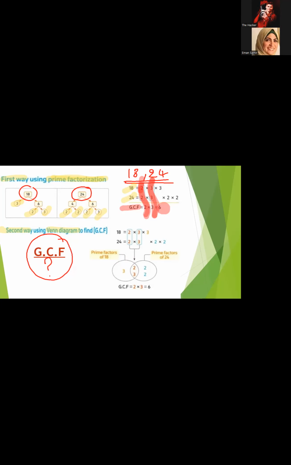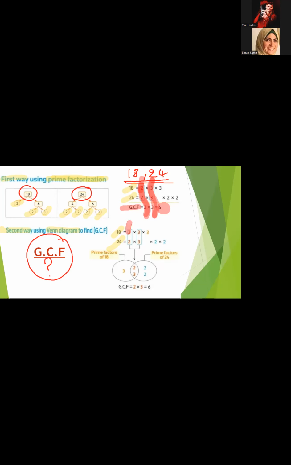By doing this, first I'll factorize 18 into its prime numbers, which are 2, 3, and 3. And I'll factorize 24 into its prime numbers, which are 2, 3, 2, and 2. After that, I'll draw these two circles. I look for the numbers in common. What are the numbers in common?